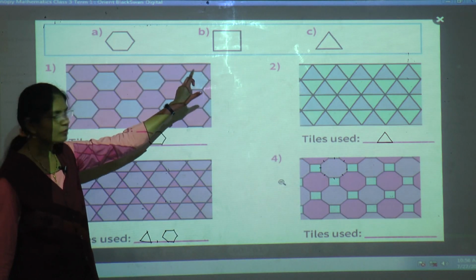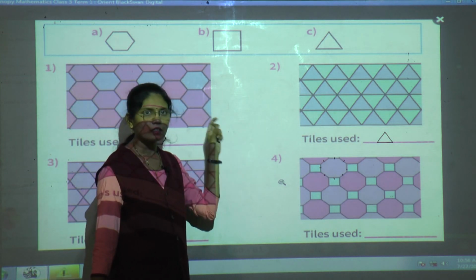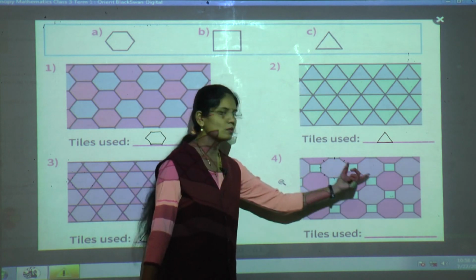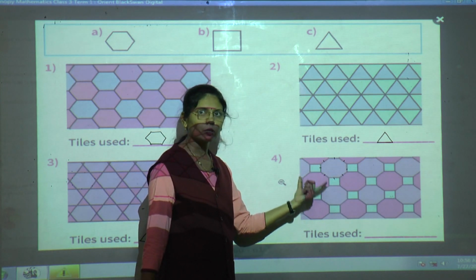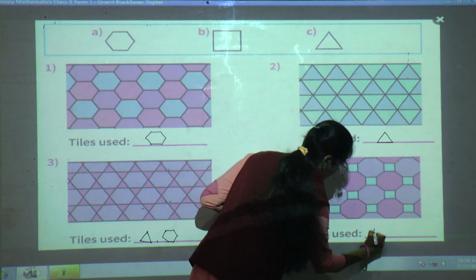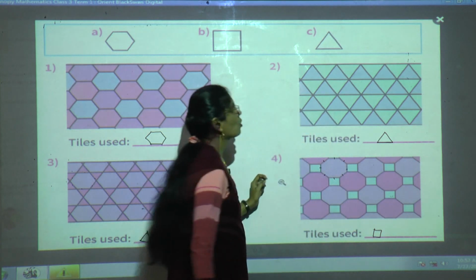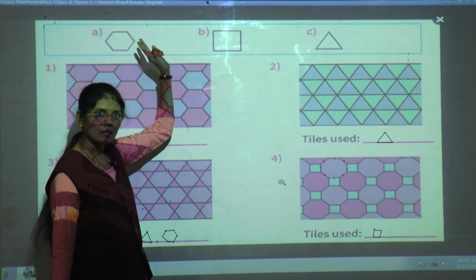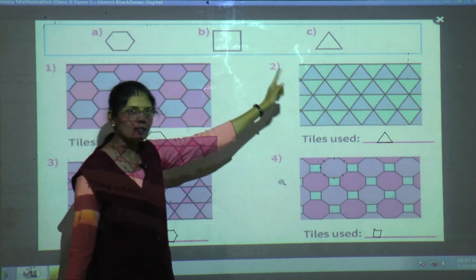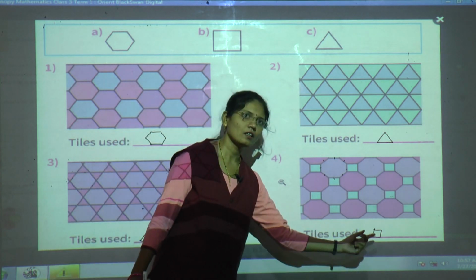What is the question? Only we have to select the tile which is in the box. So here two shapes are there. But only we will draw the square. Why? Because this octagon is not there in the box. So only we have to select the shape which is in the box. So only we will draw here square.